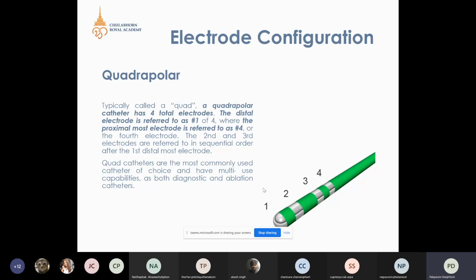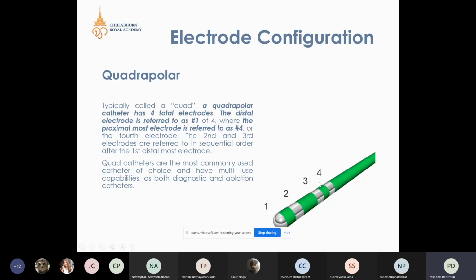For example, the first one is the quadrupolar, which has 4 total electrodes at the end of the catheter. The distal electrode is referred to as the first electrode, and the proximal-most electrode we can call the 4th electrode.